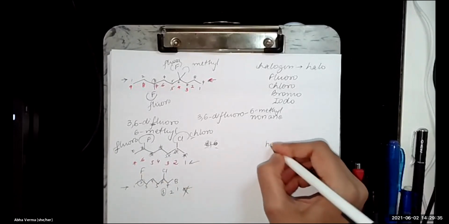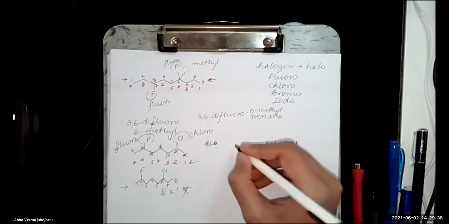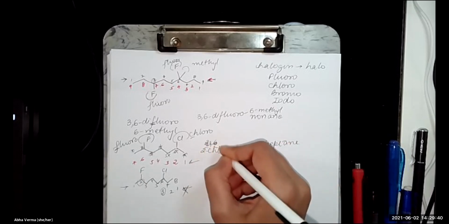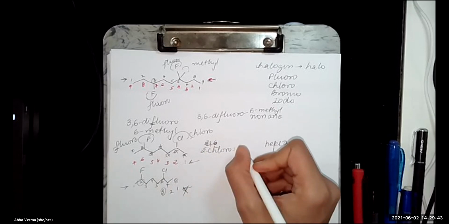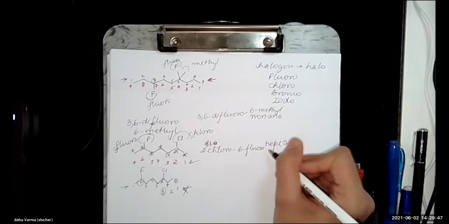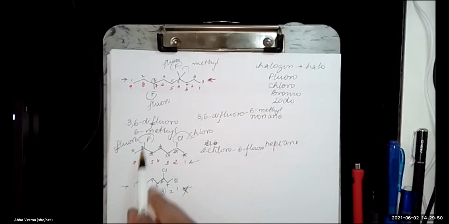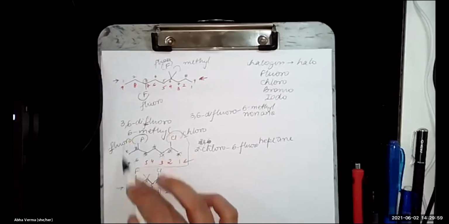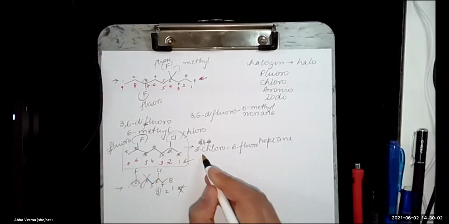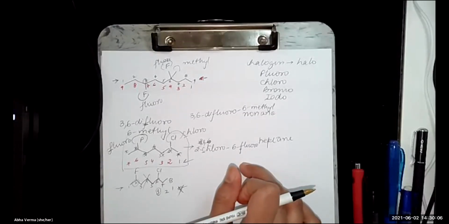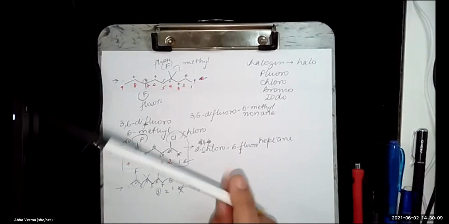So this is a heptane, 2-chloro, and 6-fluoro. Just a second. Not for this, for this one. Yes, okay. So the alphabet got the priority here.